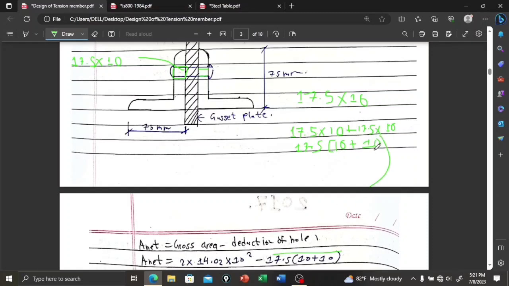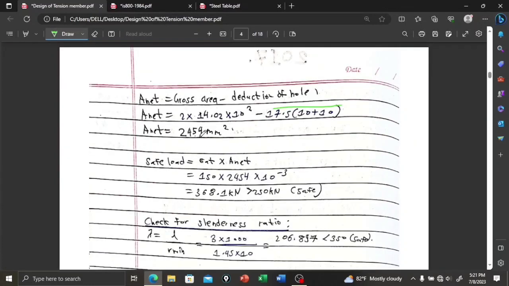If the thickness of one plate is 8 or 12, then we can change accordingly. So A net will be 2454 millimeter square.